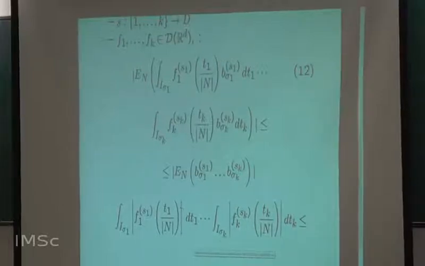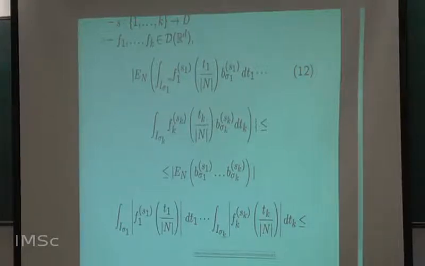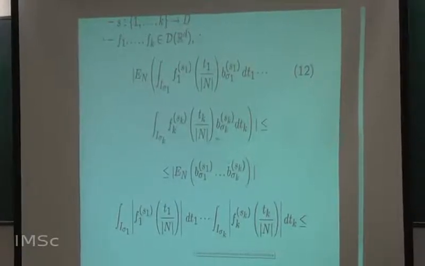Because, you see, when you take the expectation of these sums, the moments will be products, these are the dots, because you have k products of this form. Now, the integrals behave like scalars, so they go away from the expectation value. The expectation value is the standard one for an algebraic probability space, and by assumption, this is uniformly bounded. So we only have to prove the uniform boundedness of this.